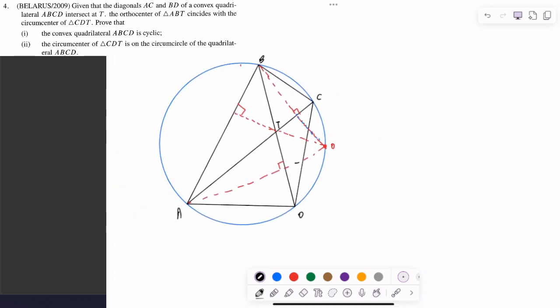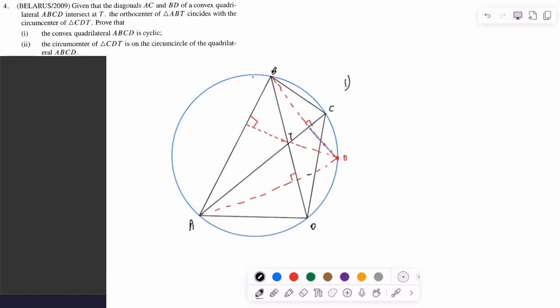Basically, first of all, we want to prove that A, B, C, D are cyclic. What I'm thinking is that, obviously, BO is perpendicular to TC.